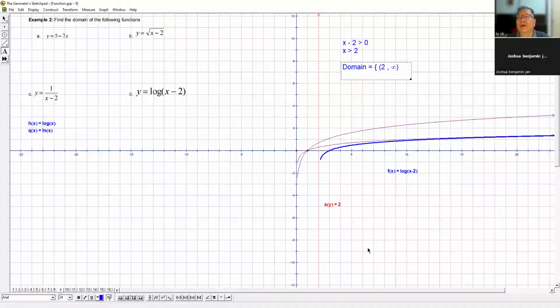Okay, this will be our domain, right? So by looking at this blue line, can you tell me where's the range? Where's the range?